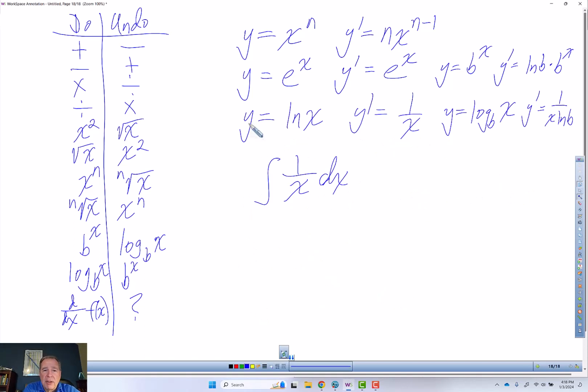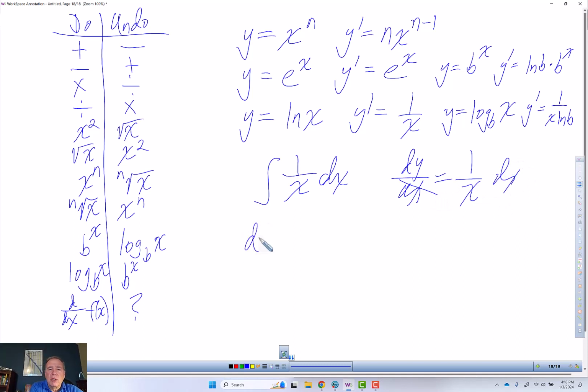So if the function is y equals the natural log of x, the derivative is 1 over x. So if I take this, I get dy over dx equals 1 over x, multiply both sides by dx.